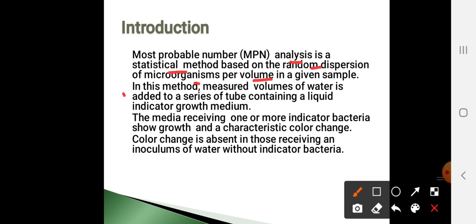In this method, measured volumes of water are added to a series of tubes containing liquid indicator growth medium. Here we will take MacConkey broth or brilliant green bile lactose broth, an indicator medium which indicates the presence of organisms.